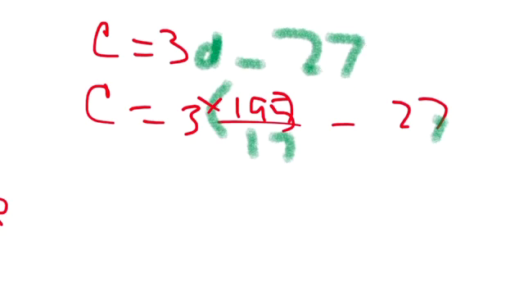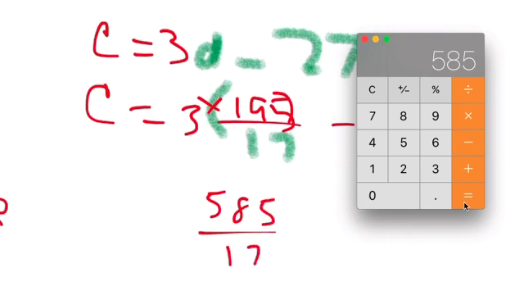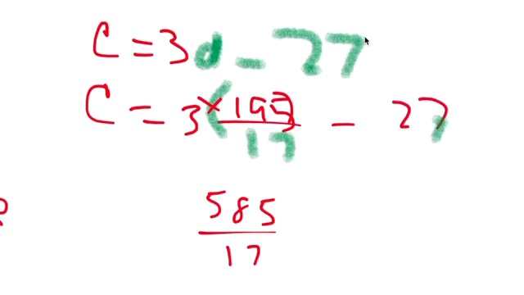Falling asleep. Okay. 195. It'll take me forever to upload this video. That's 585 over 17 minus 27. Fine.